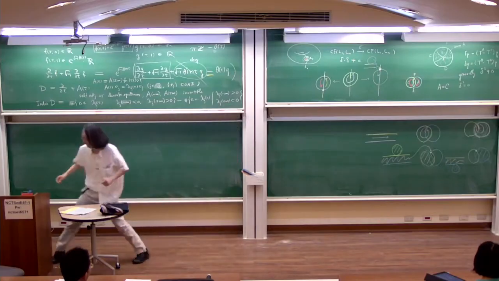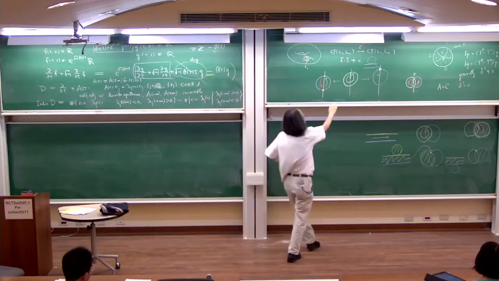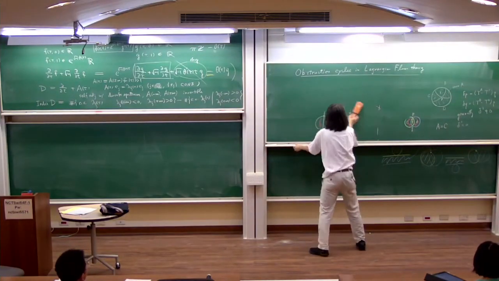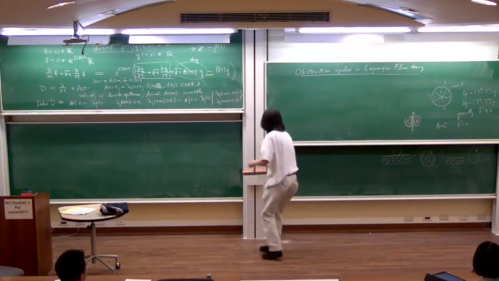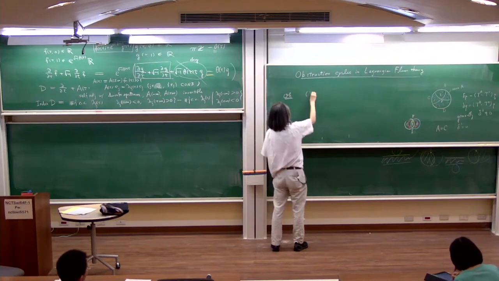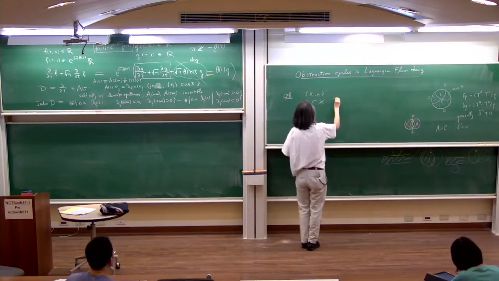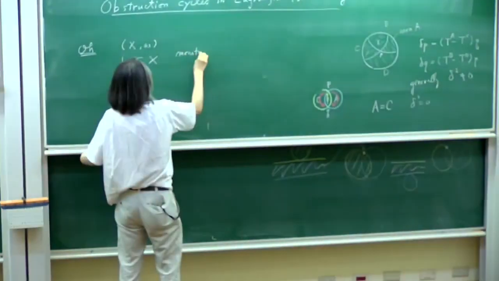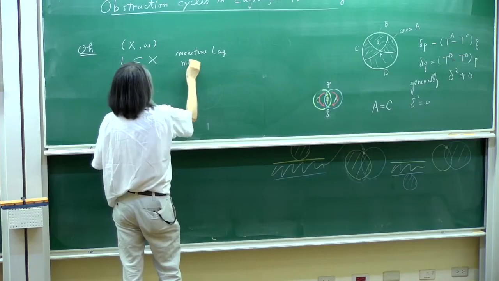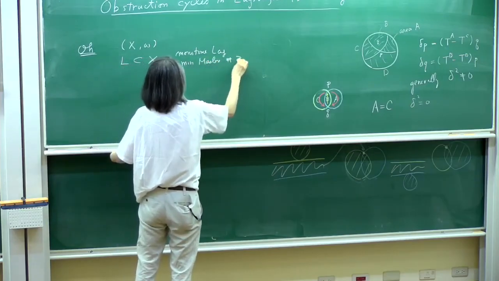So maybe I just want to make an experiment. For instance, just remember what we did last time. Here you have X, omega, and then take L inside X. It's a monotone Lagrangian, and the minimal Maslov number is at least 2.